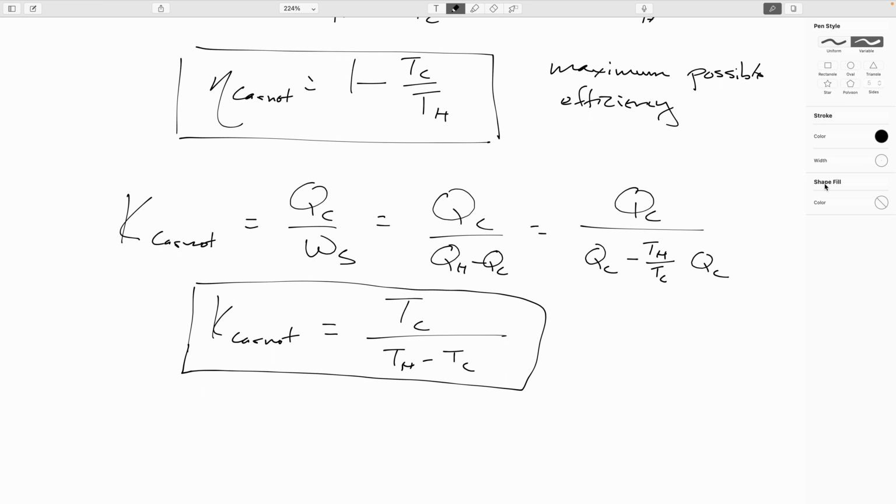So say it's freezing outside. If it's freezing outside, it would be 273 Kelvin outside. And let's say you're trying to keep it at 20 degrees C, then we'd be looking at 293 Kelvin minus 273 Kelvin.